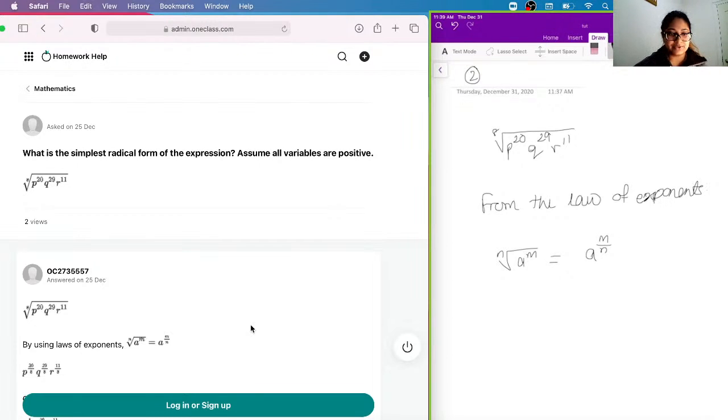So by using this formula, we can get the answer for our question.